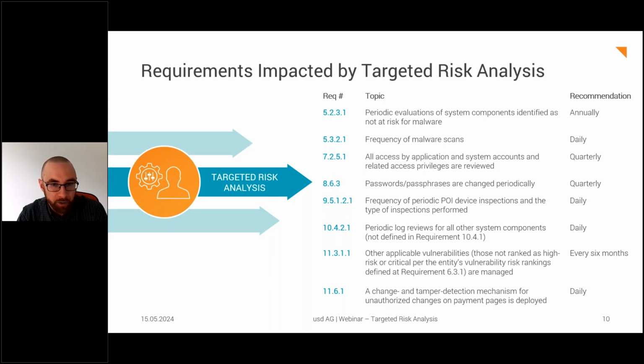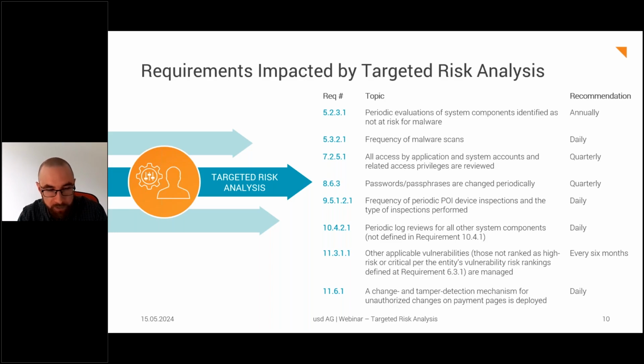11.3.1.1 says that all other vulnerabilities, so those that are not high risk or critical, these are the ones that you had to manage in the old version of the standard already, need to be managed. And here the recommendation to address those vulnerabilities would be 6 months from my side. This, however, really depends on the vulnerability too.